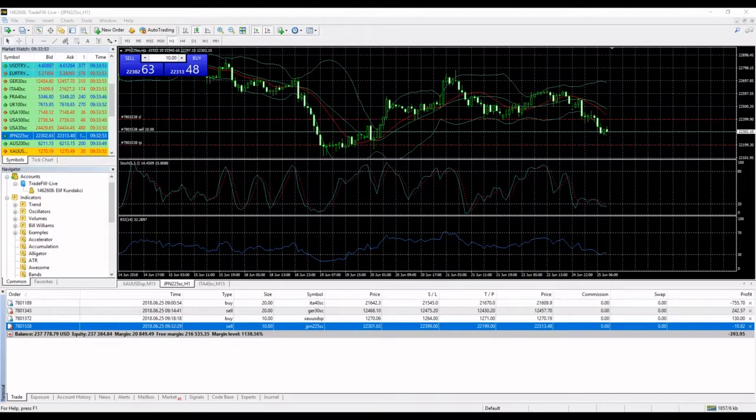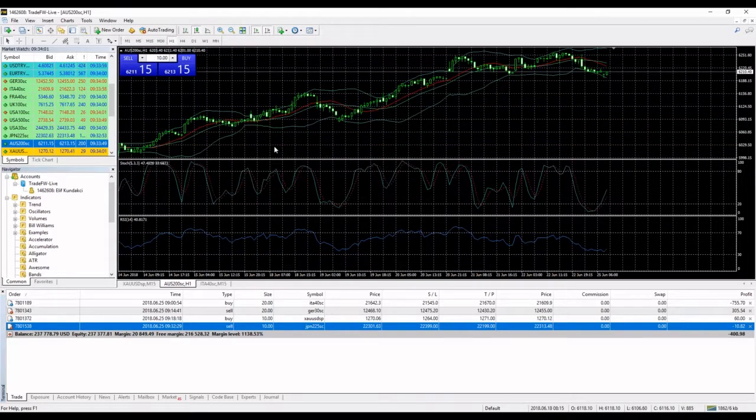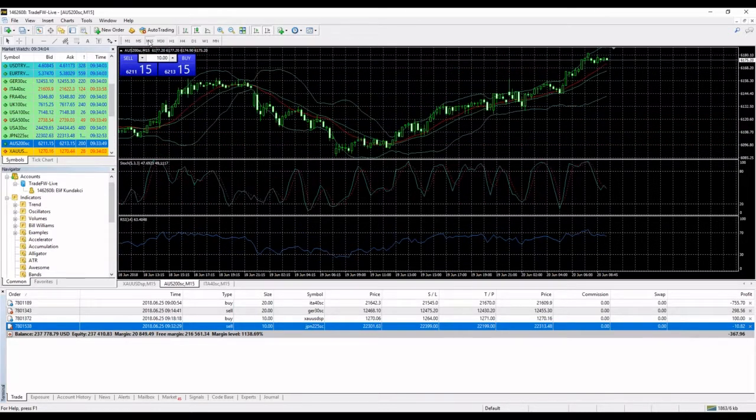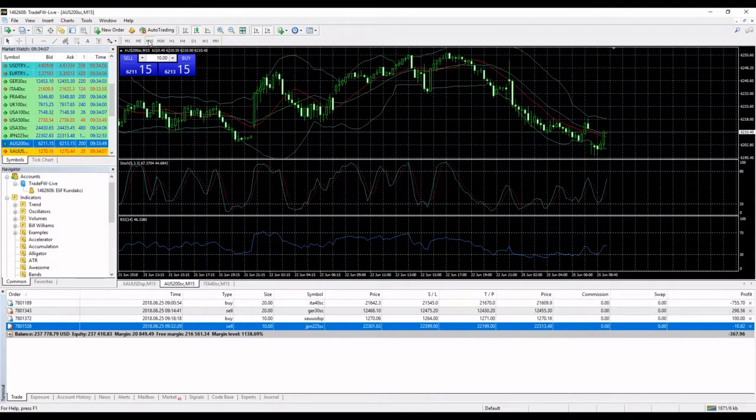So going back, Australia 200 looks interesting. I will open a long position on Australia 200 because it opened with a gap and it's aiming right now at the closing price of Friday.